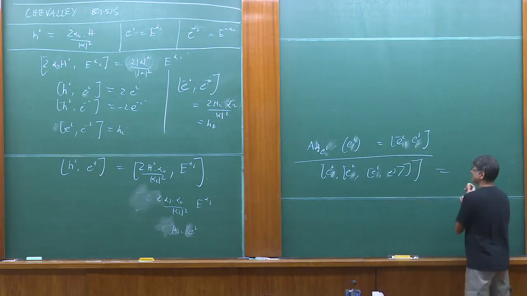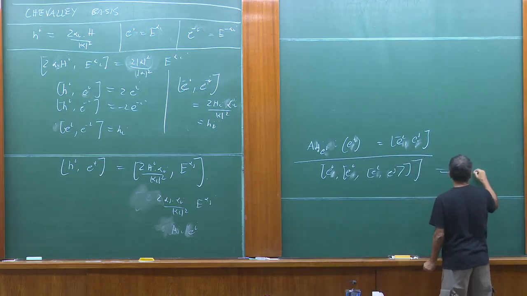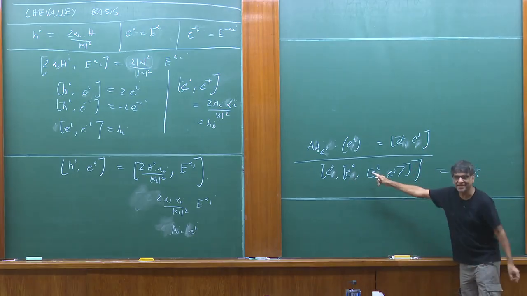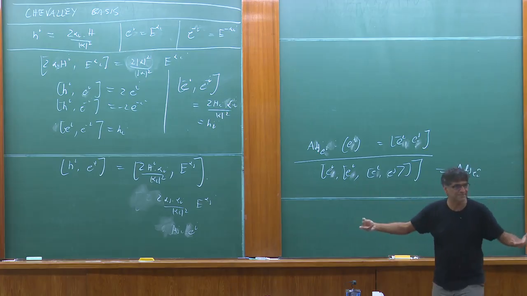Let's say that this is called adjoint E_I to the power n. In this case, it will be E_I to the power 3, doing it 3 times. Definition clear?